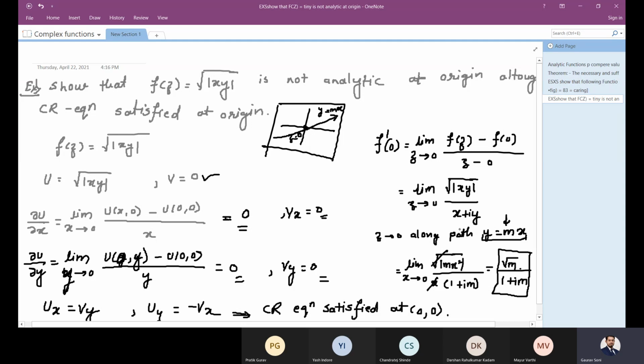And that's why f dash of 0 does not exist. The function is not differentiable and hence it is not analytic. F dash of 0 does not exist. So the function is not analytic.